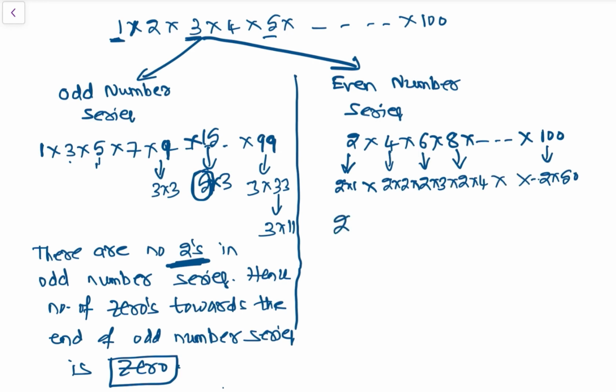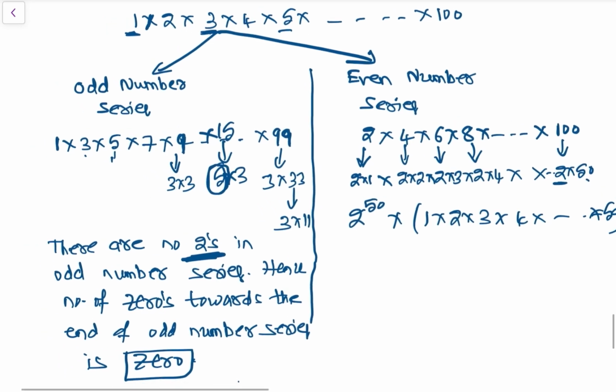So 2 to the power 50, 50 टाइम्स आएगा, 2 to the power 50 into 1 into 2 into 3 into 4 into so on into 50 तक है सीरीज.